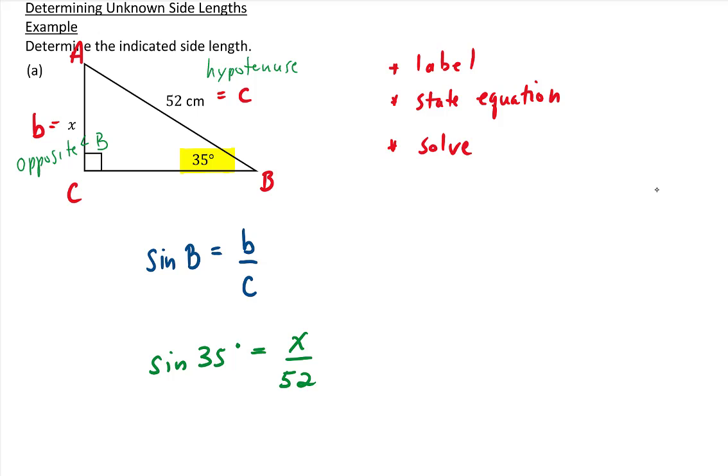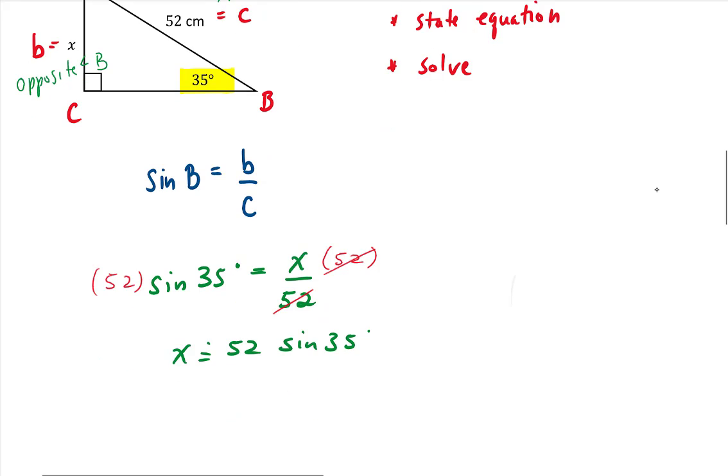Next step is to get x by itself. Right now we have x divided by 52, so the opposite operation is to multiply both sides by 52. Because 52 divided by 52 equals 1, so we want to get 1x. So if we do that, we get x is equal to 52 sine 35.